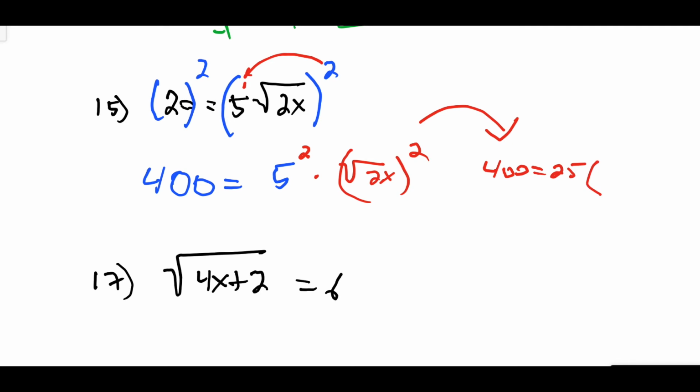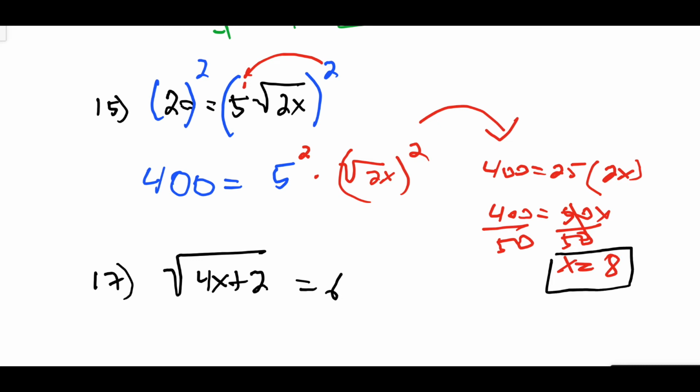So 400 equals 50x, divide by 50, and x equals 8. Say it with confidence. 8. Okay, so x equals 8.